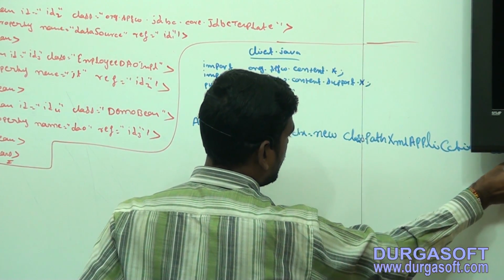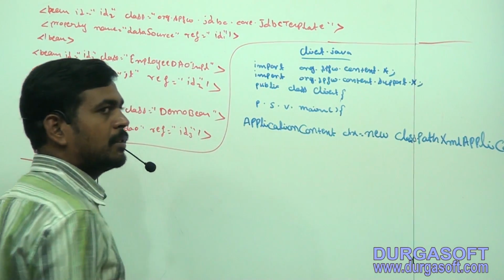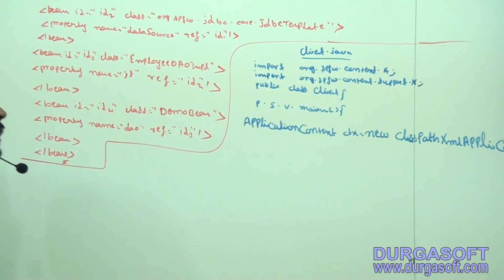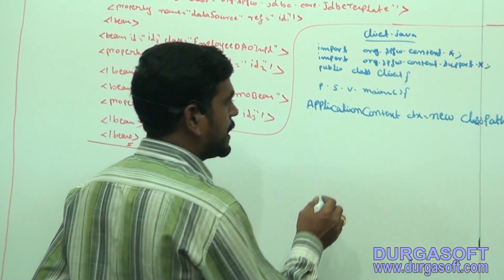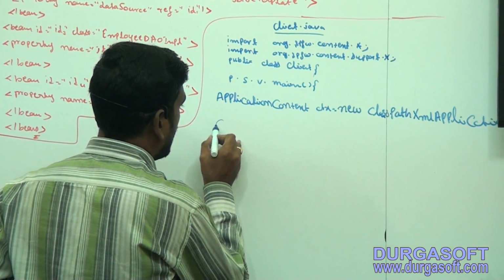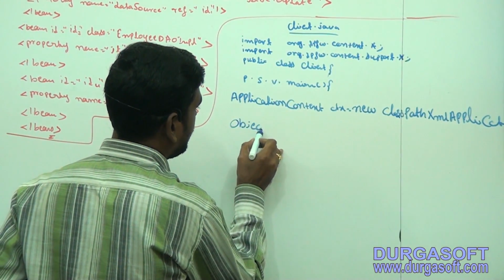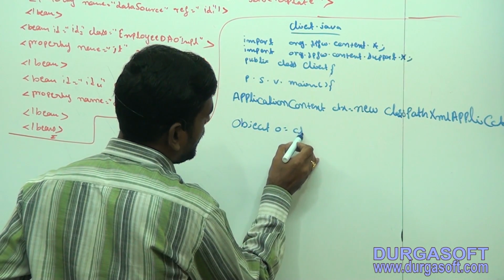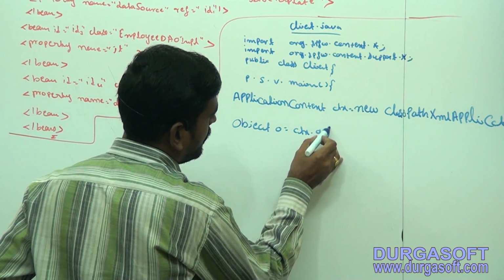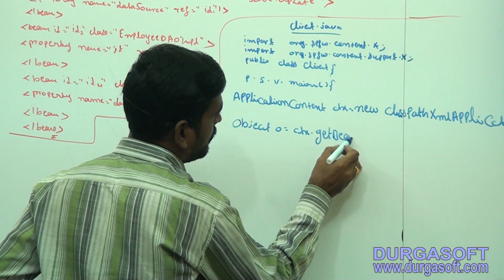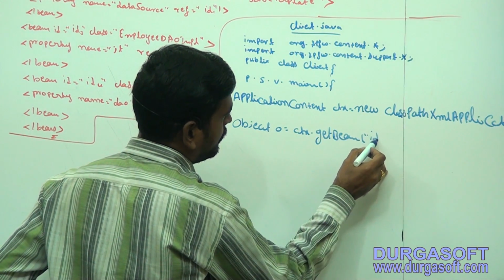Under that we can pass the spconfig.xml. After that Object o is equal to ctx.getBean of id4.